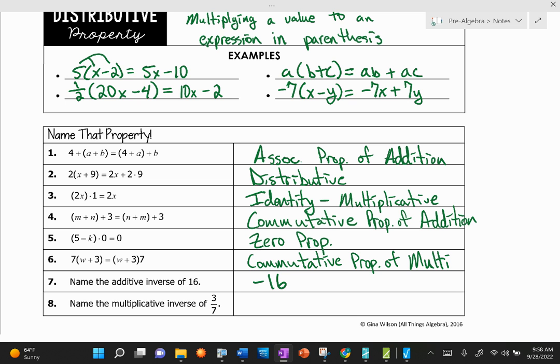Say that one time if you can accurately. Multiplicative. Yes, there you go. Cohen's got it. 7/3 is the inverse of 3/7.